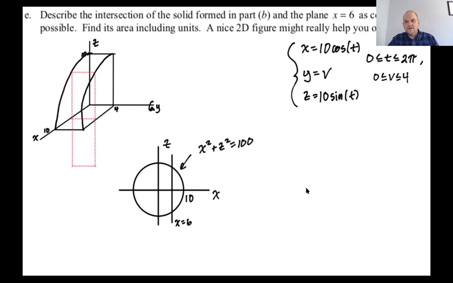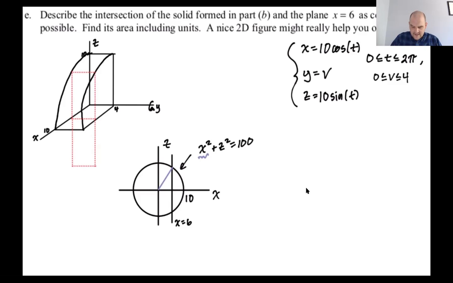I need to figure out where this intersects the circle. I have two options. I can plug in 6, get 36, subtract it, and get z squared is 64, so z is 8. Or in this particular case, you get a 6, 8, 10 right triangle.